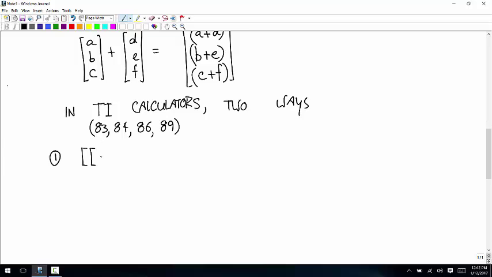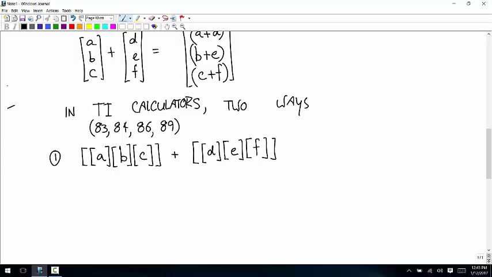So I'll write this as A, B, C, just use the regular plus, D, E, F, and if you enter that in, it'll spit out the right value: A plus D, B plus E, C plus F.